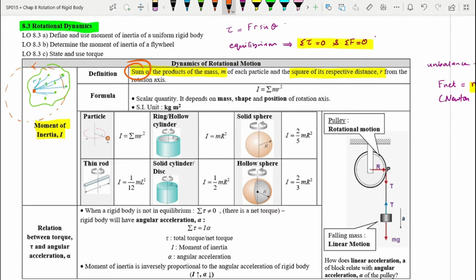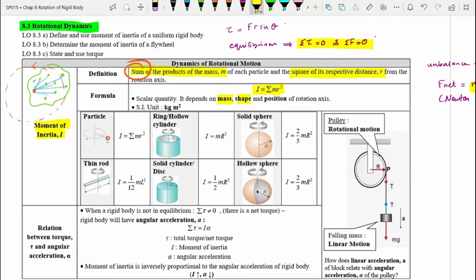Okay, so the formula is given by I equals to summation, ada sigma dekat sini, summation of product of mass. Okay, ni ada mass of the particle times with r, and you have to square the r. Okay, so dia akan jadi I equals to summation of mr square. Okay, so obviously from the equation, moment of inertia will depend on mass, shape, maksudnya dia bergantung kepada kat mana location particle dalam rigid body lah.